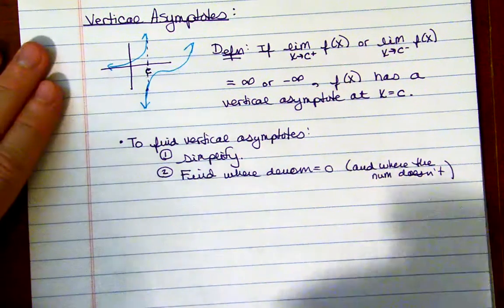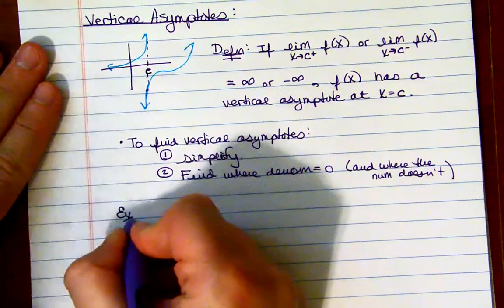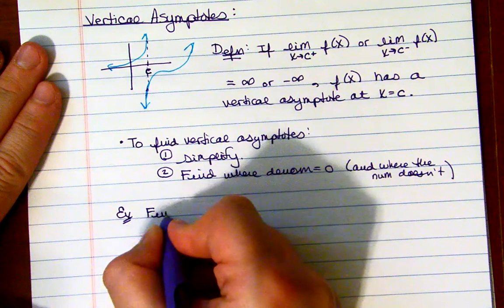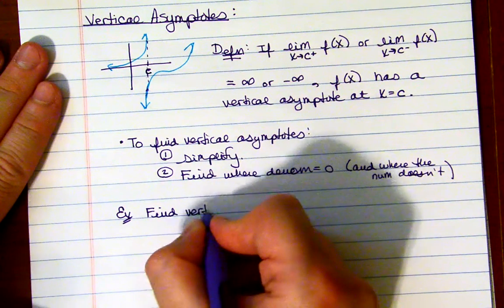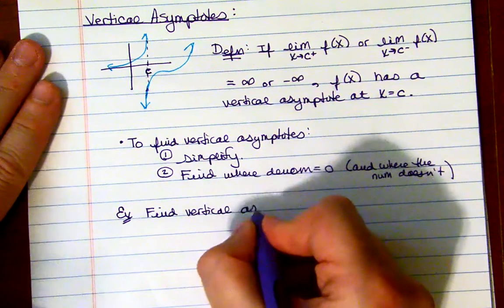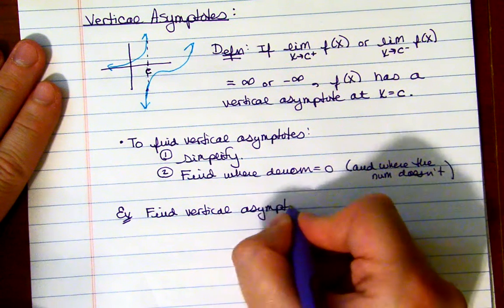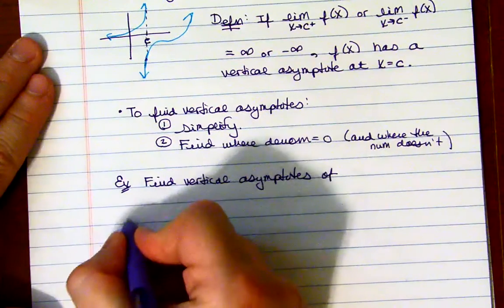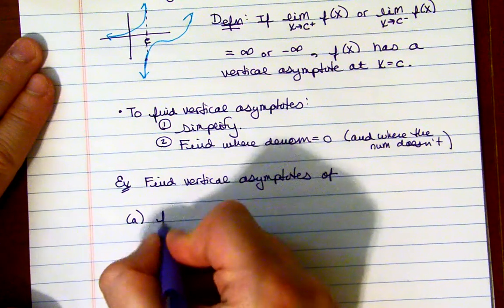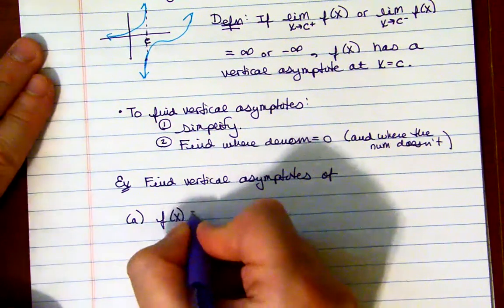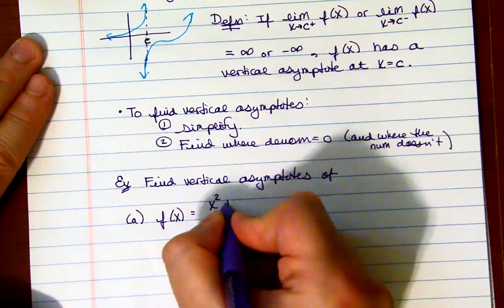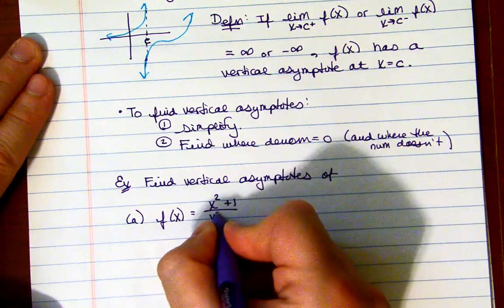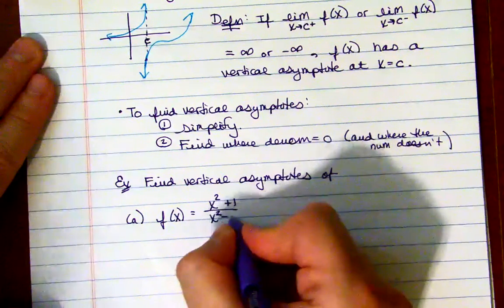So let's see what we can do. I want to find vertical asymptotes of, okay, letter A, f of x equals x squared plus 1 over x squared minus 1.